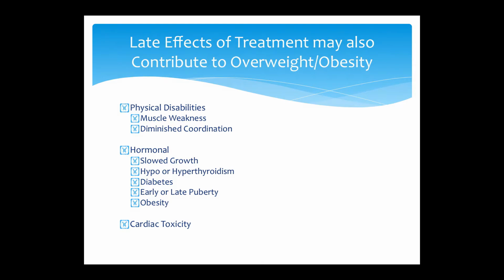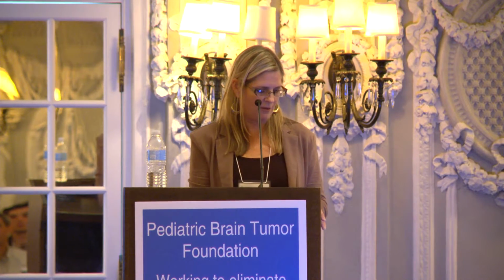So then the late effects of the treatment that can also contribute to the overweight status or the obesity is just muscle weakness, ataxia, fatigue, unable to sustain long walks, maybe a foot drop, and then hormonal, you've got the slowed growth. The slide earlier showed how just the cranial spinal radiation can decrease your height. So that's another consideration.